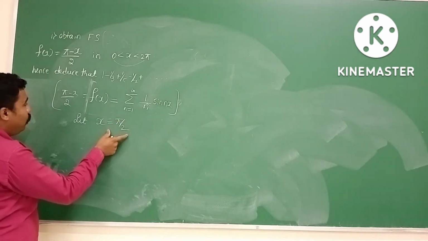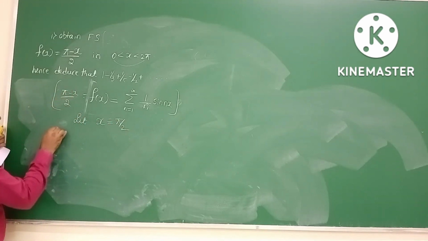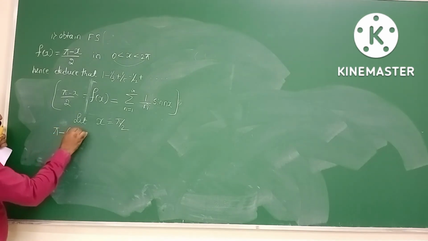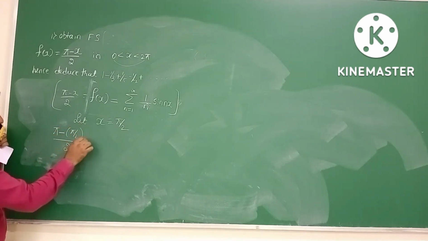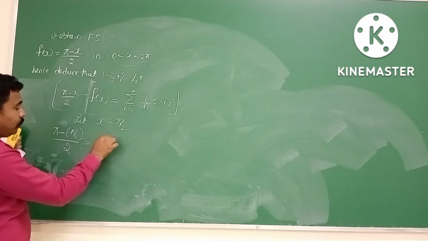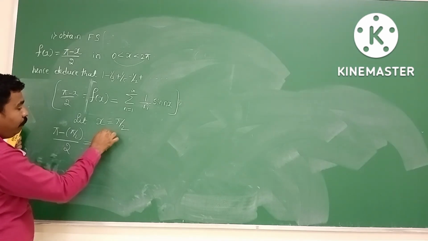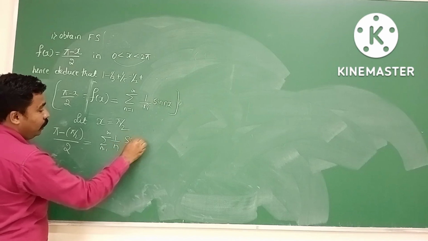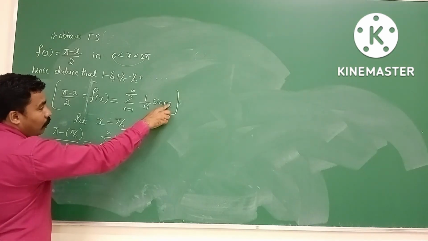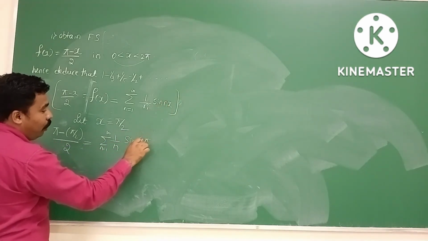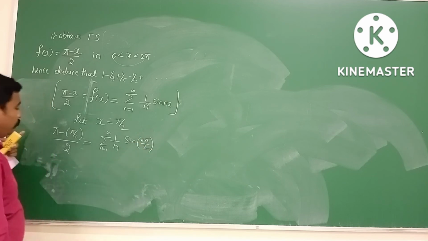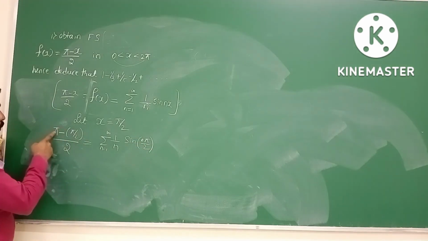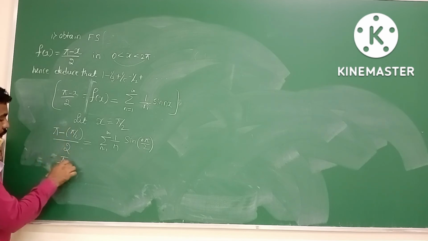When I take x equal to pi by 2, I have to substitute on the left hand side also. Pi minus pi by 2 divided by 2 is equal to summation n equal to 1 to infinity 1 by n sin(n pi by 2). Taking the LCM, 2 pi minus pi by 4.